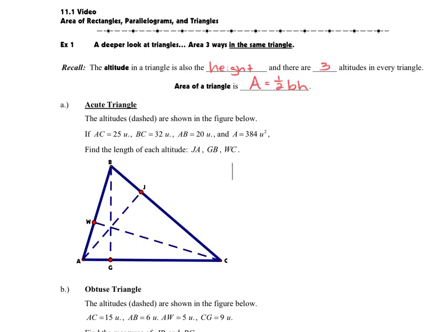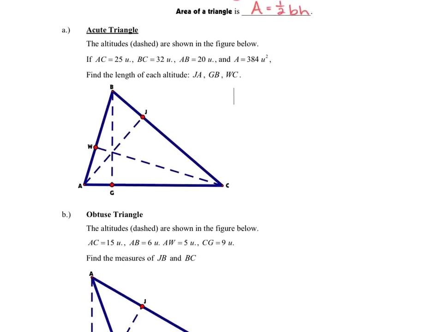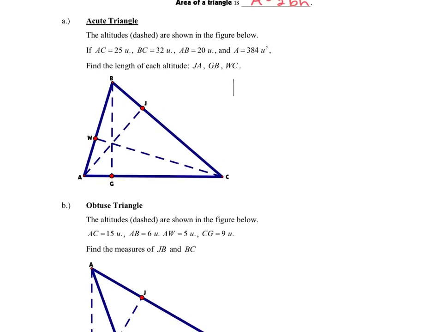So let's take a look at this first problem that I've got right here. I've got this triangle and I've drawn in all three altitudes. Now these are given as altitudes, and of course this only works if they're altitudes. It's not going to work if they're angle bisectors or anything like that. So what we first want to look at is how we could write the area of this triangle three different ways.